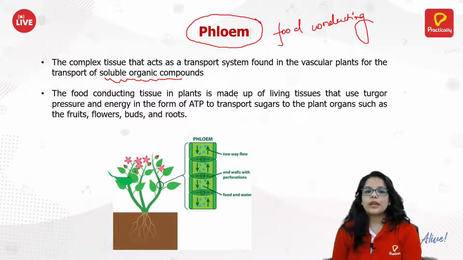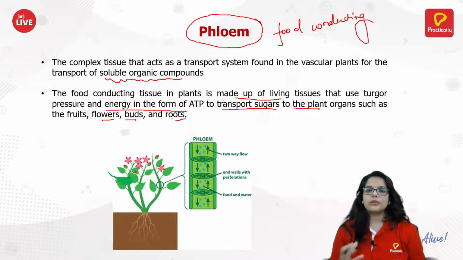Phloem tissue in plants is made up of living tissues that use turgor pressure and energy in the form of ATP to transport sugars to the organs such as fruits, flowers, buds, roots, etc.